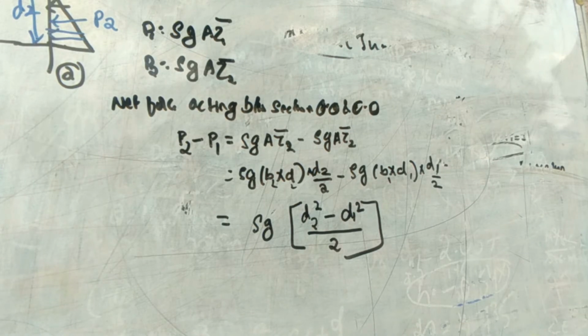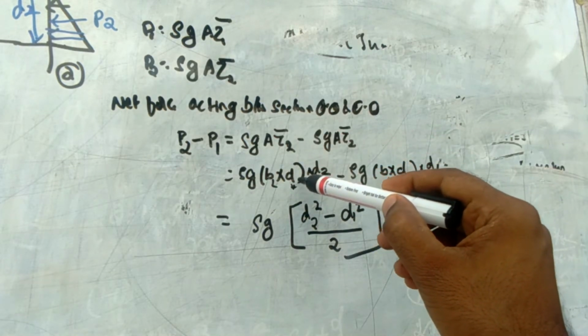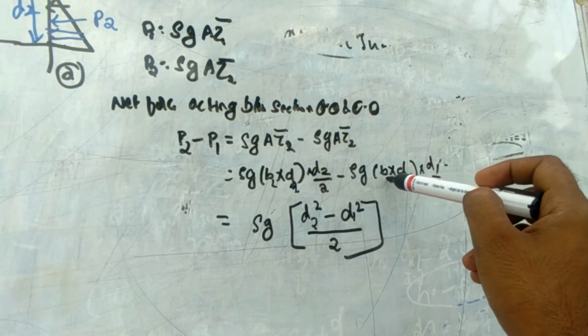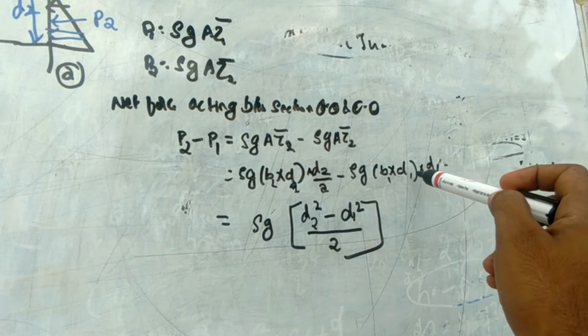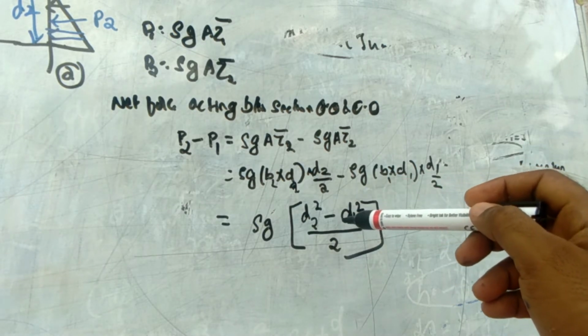Now rho g B2 and D1 squared divided by 2. Z1 is equal to D1 divided by 2. D1 squared and D2, sorry, this is D2 squared divided by 2, and rho g into B1 into D1 squared divided by 2, and here the answer is rho g.